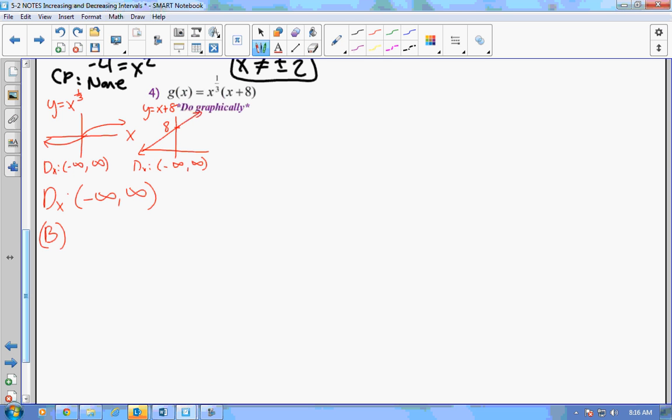A little challenging with that cube root, right? Okay, who chose to distribute? Only a couple people. Okay, so the rest of you did product rule. Okay, if I distribute, I'll do that one first.